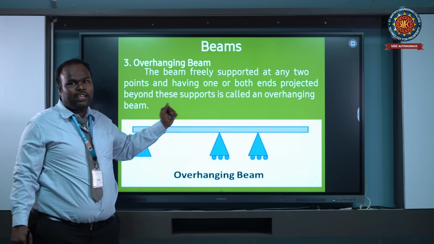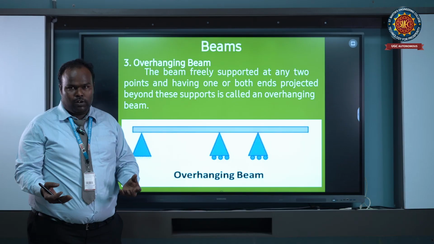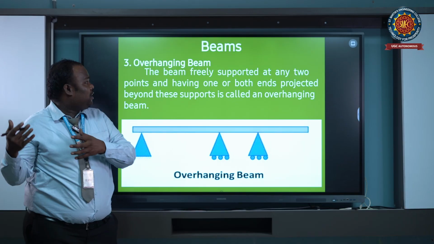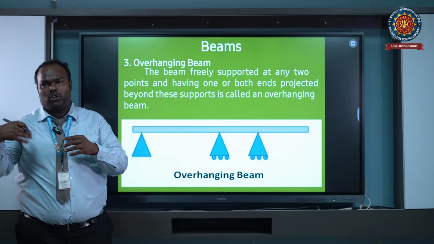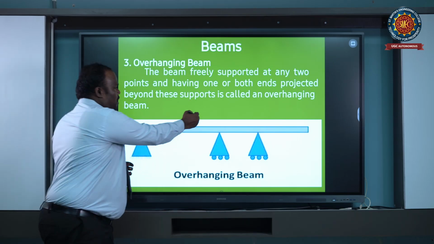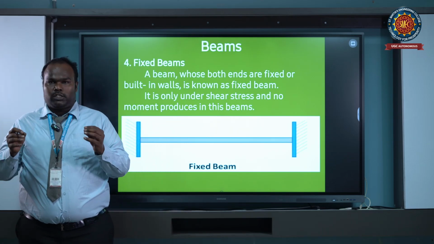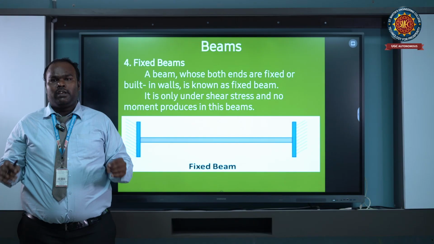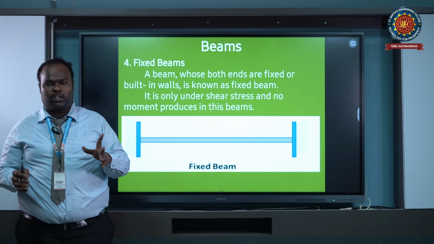Next one, overhanging beam. The beam is freely supported on supports and both ends extend more than the support length. And next one, fixed beam. The beam ends are fixed supports. They have vertical reaction, horizontal reaction, and moment reaction at the support.